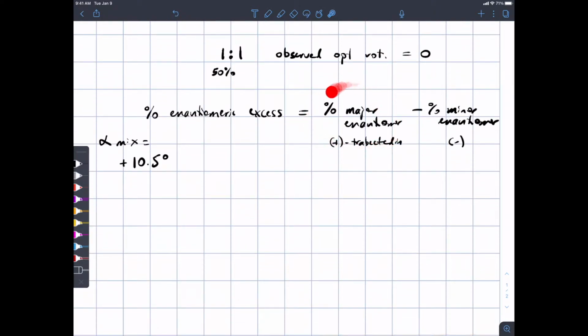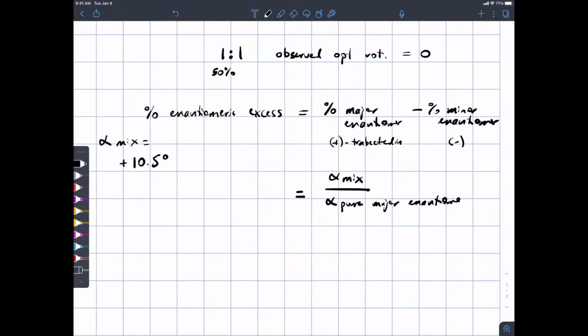So often we don't know what the composition of the solution is, so it turns out that enantiomeric excess is also equal to the optical rotation of the mixture divided by the optical rotation of the pure major enantiomer.